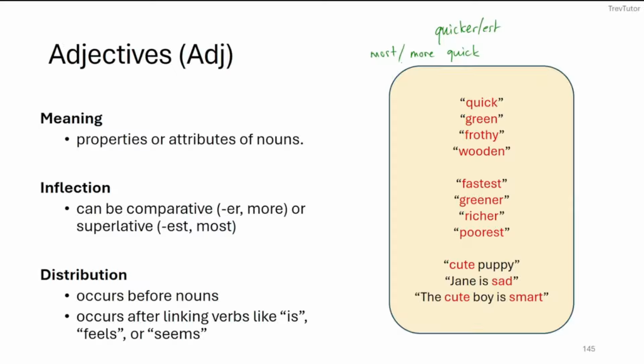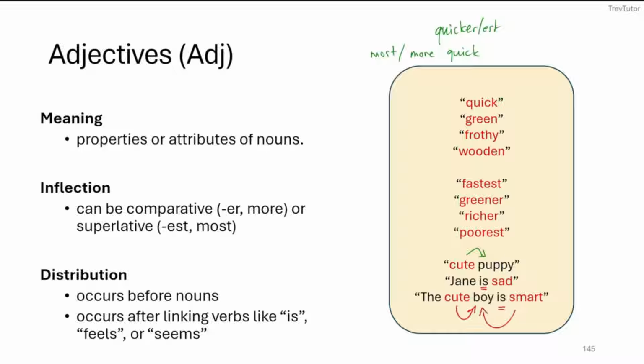Now, typically where it occurs is right before nouns, but sometimes it occurs after linking verbs like is, or feels, or seems. So for example, in "cute puppy," cute is occurring before puppy, it's describing it. But in the case of "Jane is sad," or "the cute boy is smart," this is kind of like an equals relationship. So cute is describing boy, but so is smart in this case.